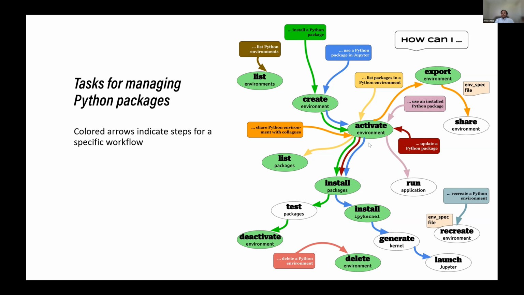Another thing we noticed from this diagram was a lot of these workflows go through this activate environment block, right? So essentially, how can we capture my Python runtime environment reliably and reproducibly?